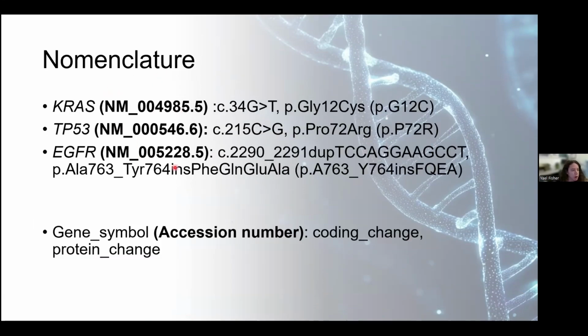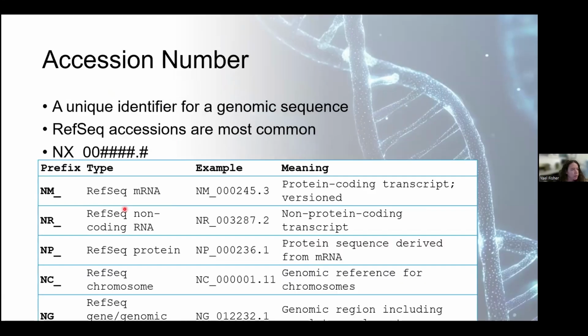The second part is the accession number, and this is a unique identifier for a genomic sequence. There are different types of accession numbers, but the most common ones are the RefSeq accessions, and that's what you'll usually see. These start with N and then a different letter, and then the number of the sequence.